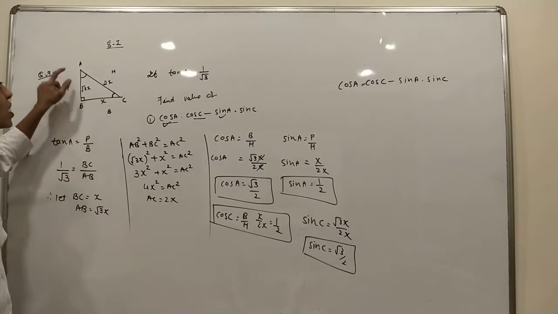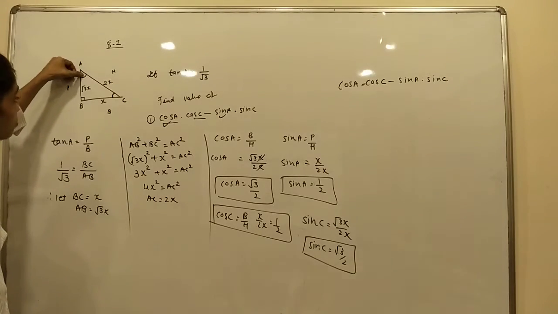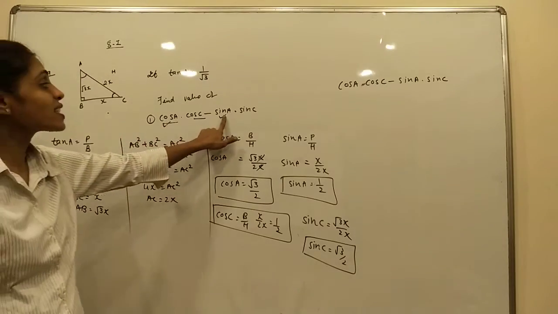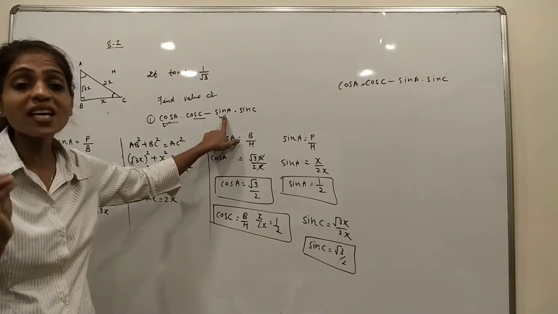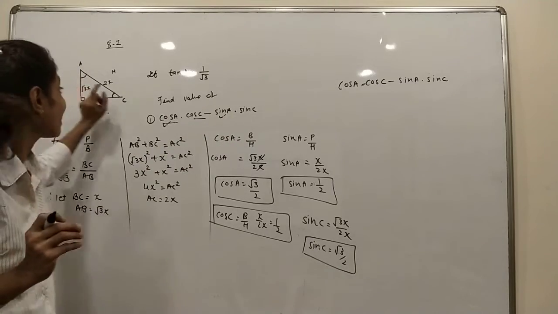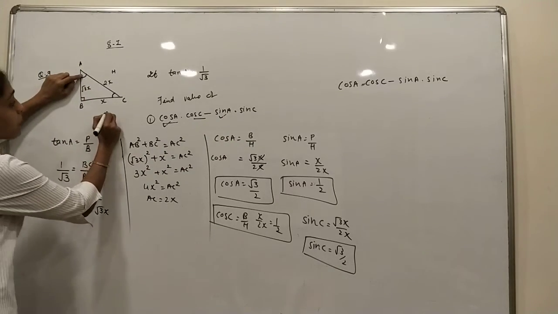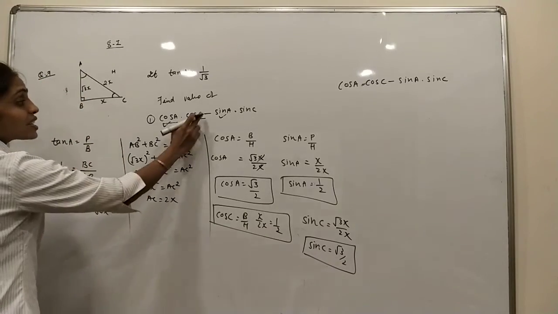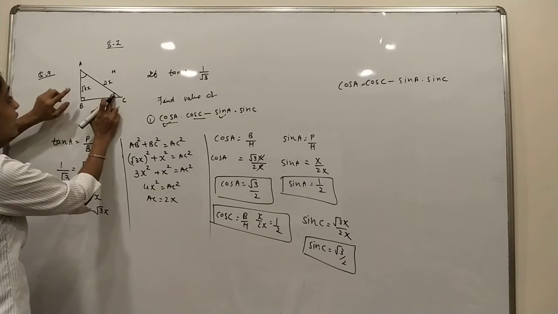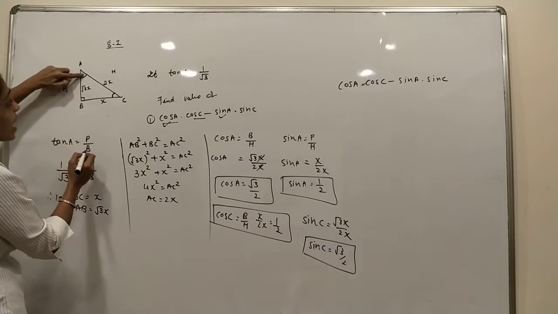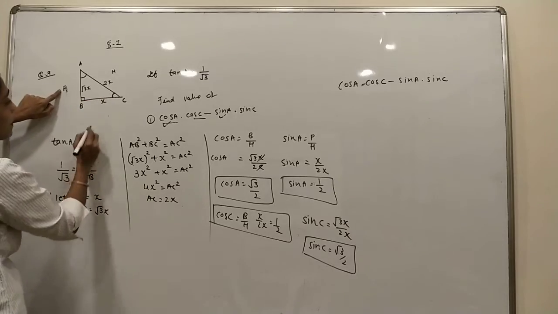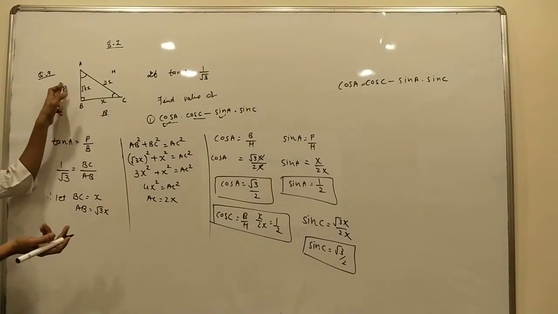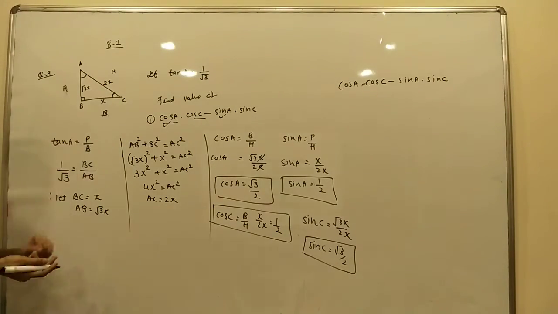After finding all three sides, when you focus on angle A to find cos A and sin A, you have to focus on angle A, and as per angle A, the side opposite BC is P and this is B. But when finding C, you focus on angle C, so P changes. For A this is P, for C this is P and B. At that time you can find sin C, with the side opposite C as P, B, H.